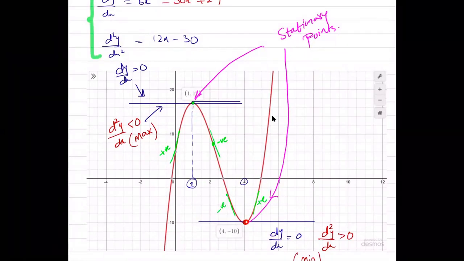The stationary points are the turning points. These are the points where the gradient, or dy by dx, comes out to be 0, which means that if I draw a tangent over here, the tangent is going to be a horizontal line. So the gradient comes out to be 0 at x equals 1 and x equals 4.